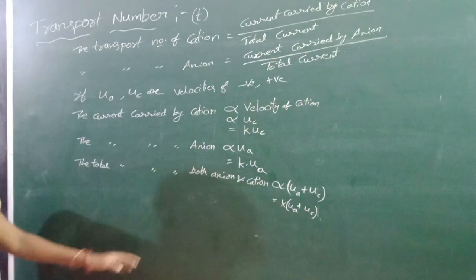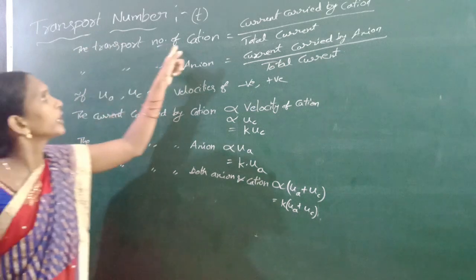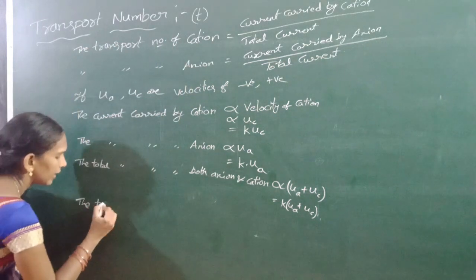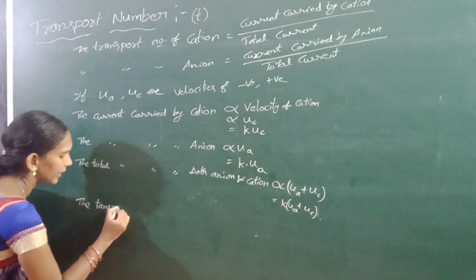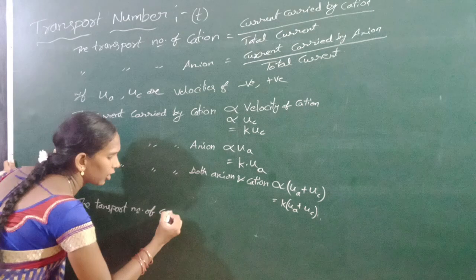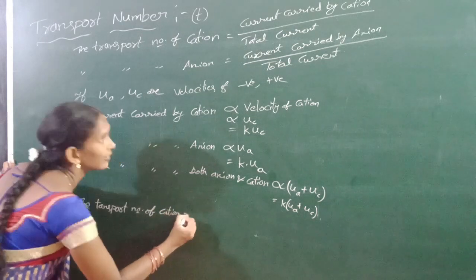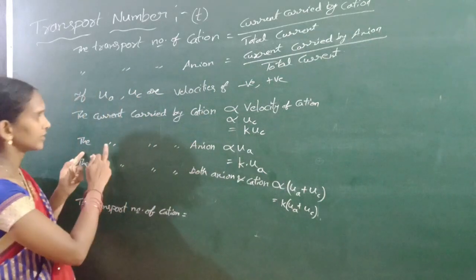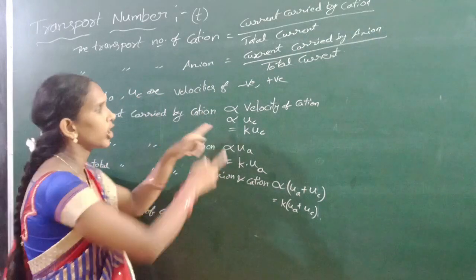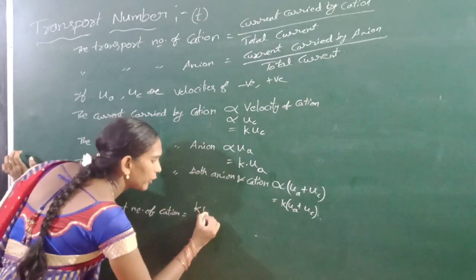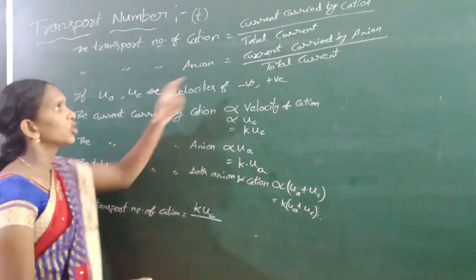Now, the transport number of cation is equal to current carried by cation, which is K into UC, divided by total current.